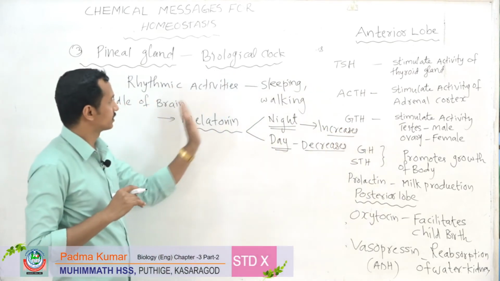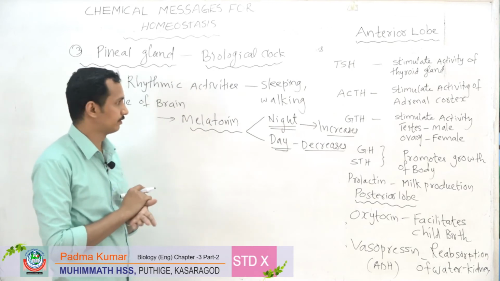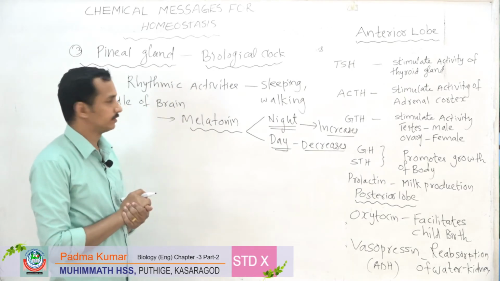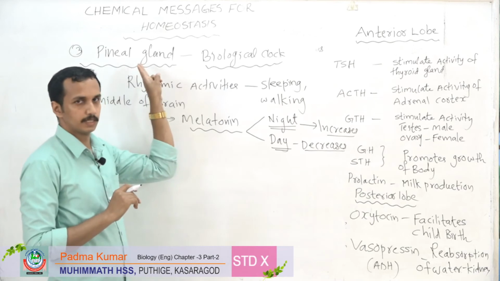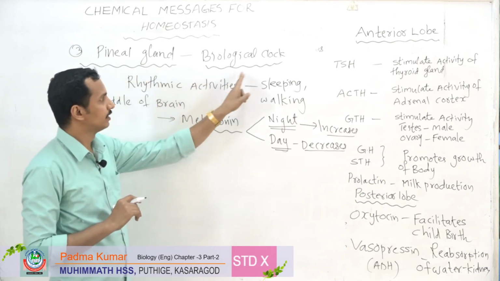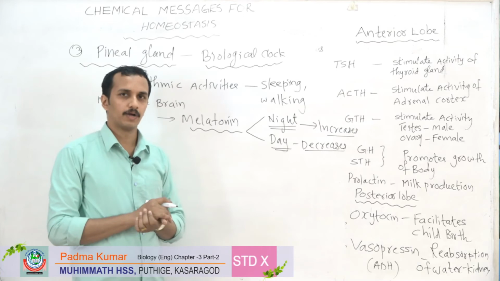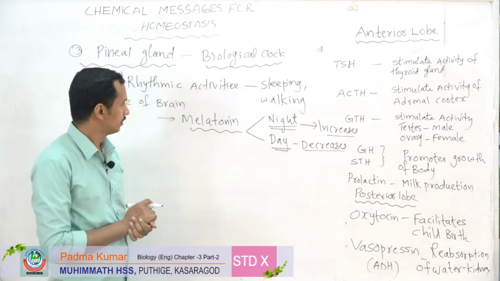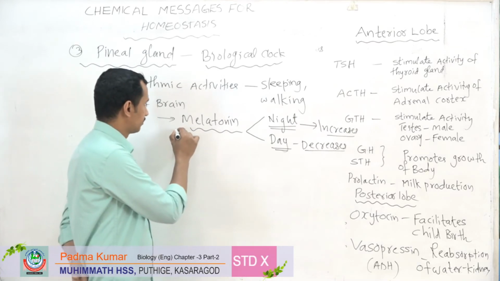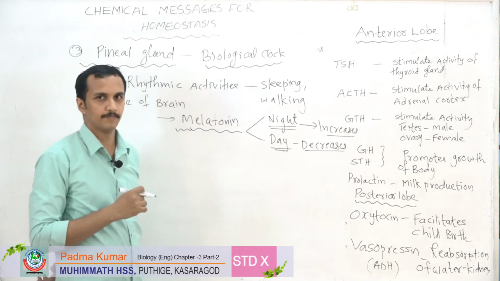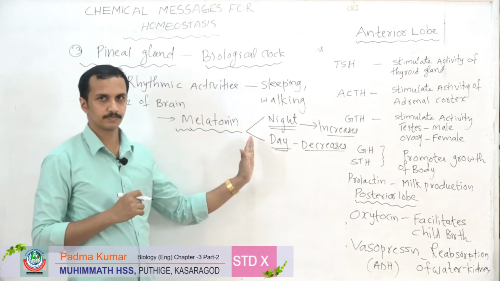So there are some routine activities performed by this gland. This gland is known as pineal gland. It is also called a biological clock. Then what will be the functions? What are the functions performed by this melatonin?